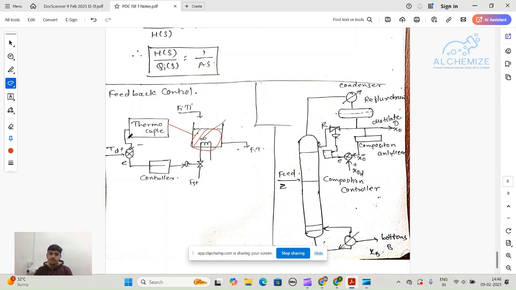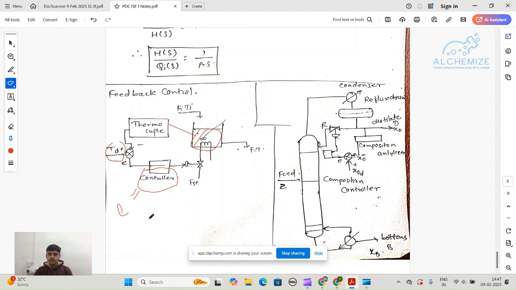Then it will send the signal here, and TD is my desired temperature. So what does error mean? Error E is equal to the difference between TD and T, where T is the temperature of the system. Then the error signal comes to the controller, and the controller sends signals to my pneumatic control valve.